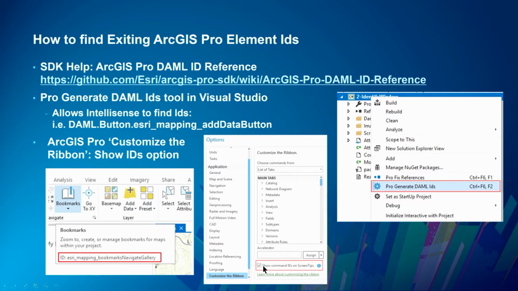It's the show command IDs on screen tips checkbox. As soon as you check this, when you go back to your UI and you hover over a button or command or tool, you can see with a tooltip the ID of that specific button or tool listed there. It's kind of hard because you will have to type it in and not make a mistake while typing, but at least you know what it is.